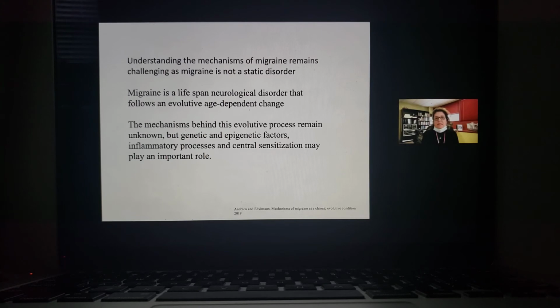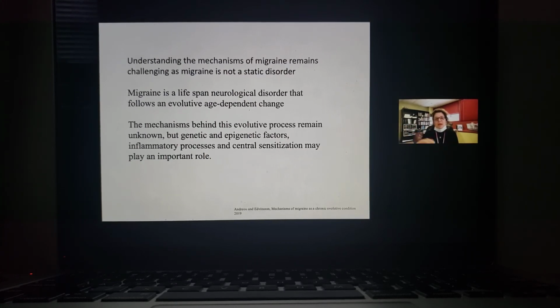It means that the whole ascending and descending pathway of pain is altered, facilitating the ascending and causing inhibition in the descending, and really an increased response to all excitatory processes, which is being described as a wave that is happening in patients with migraine.